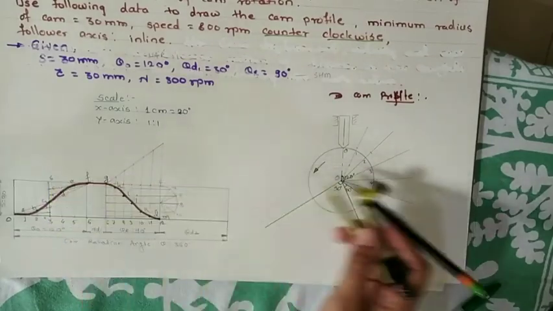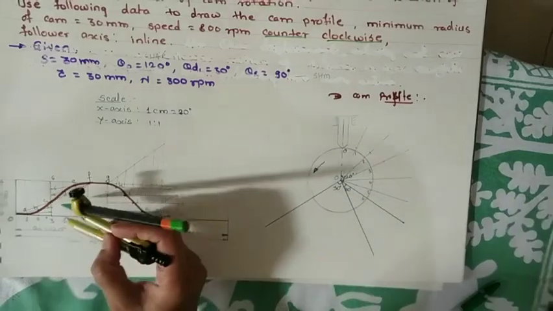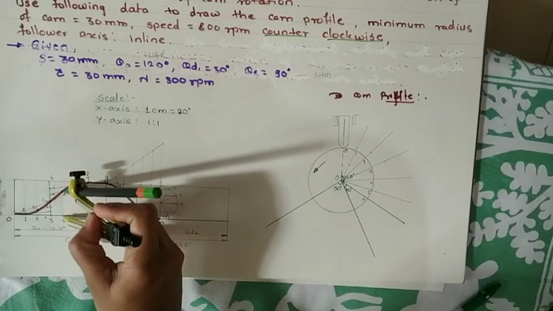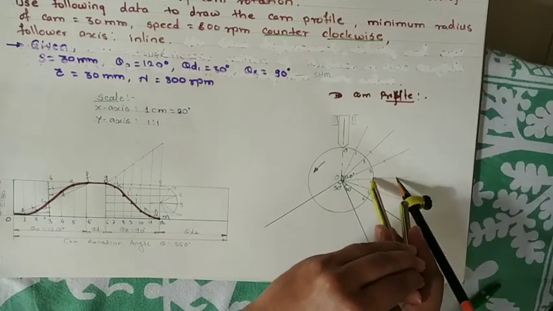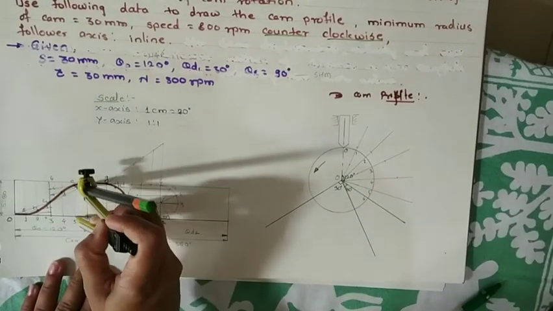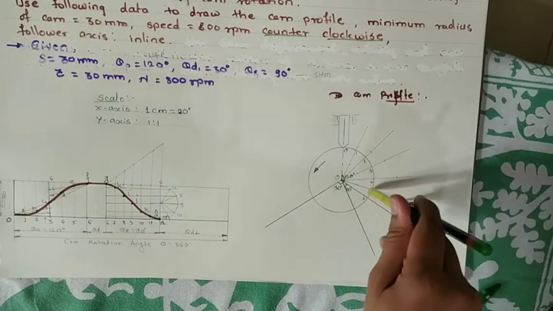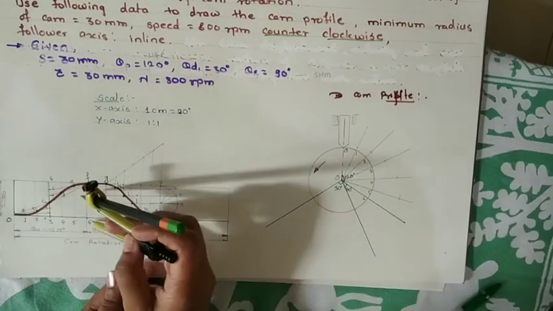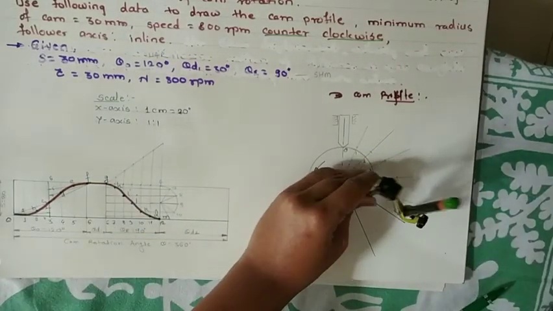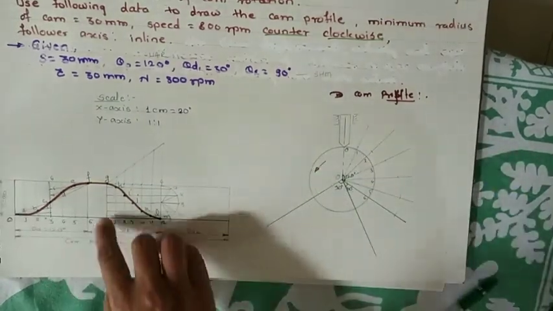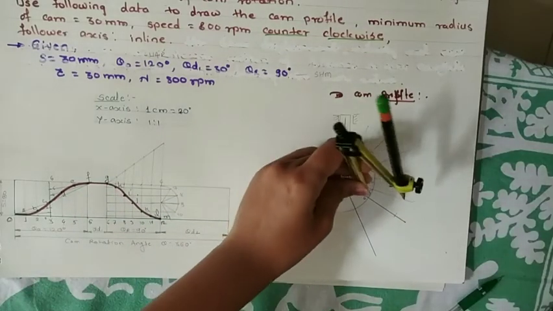Similarly 3 to C, on line 3 mark point C. Do it for the next point, 4 to D, then 5 to E, and so on. 6 to F. This distance is constant.